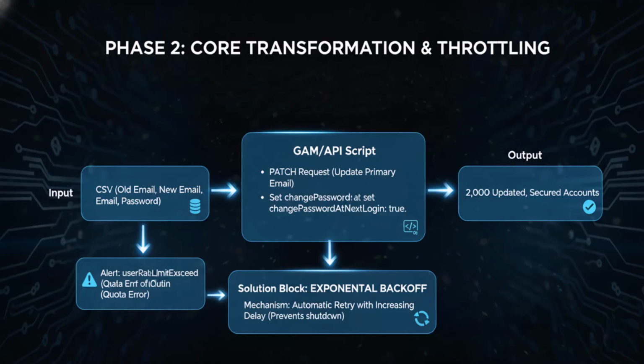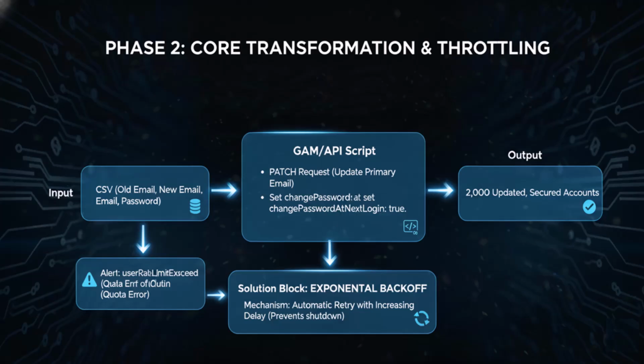This flowchart shows the automated process that allows us to update 2,000 users in a single sitting. Our journey starts with the input, a simple CSV file containing the old email, the new email, and the password we generated. This feeds directly into our GAM or API script.